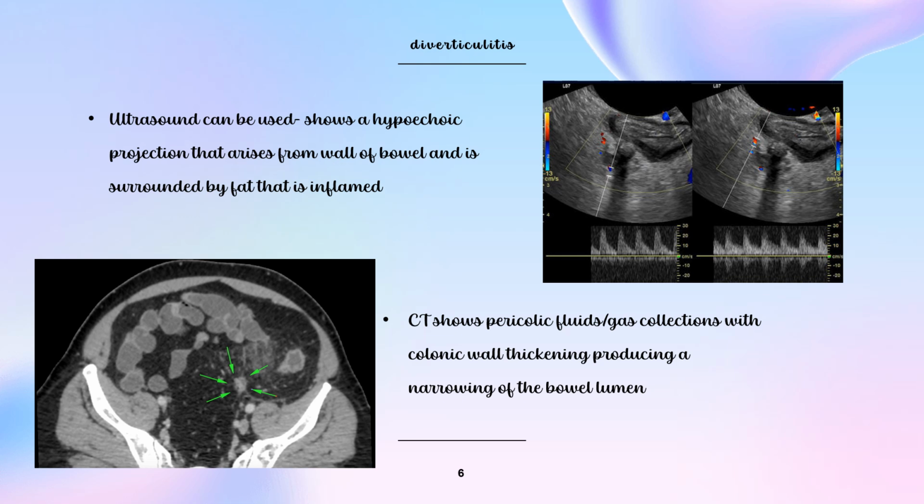Here, thankfully, there are little arrows pointing to where the diverticula is, and there's non-specific colonic wall thickening that produces this narrowing of the bowel lumen. You can also see inflammatory stranding due to the fat that gets inflamed from the diverticula.